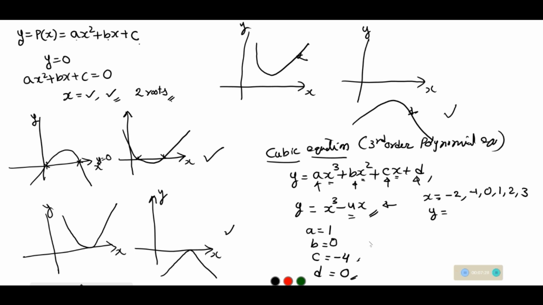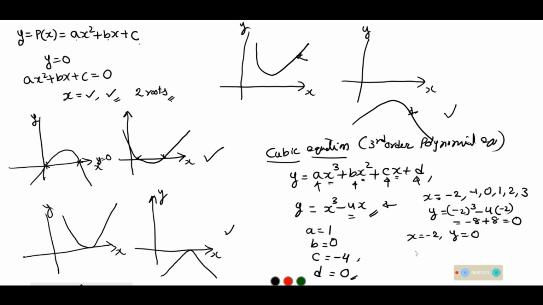Put minus 2. Just putting x is equal to minus 2, I am putting minus 2 cube minus 4 into minus 2. So minus 8 plus 8, so it is 0. So at x is equal to minus 2, y is 0.